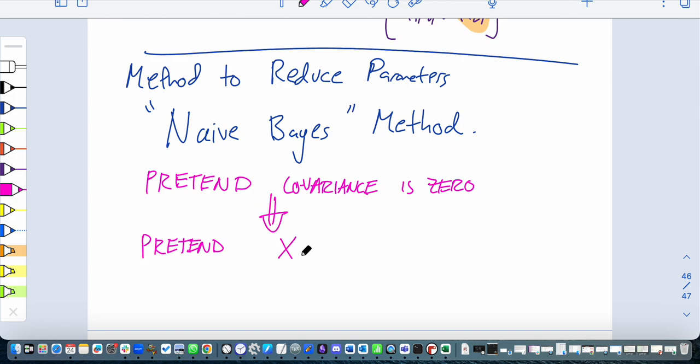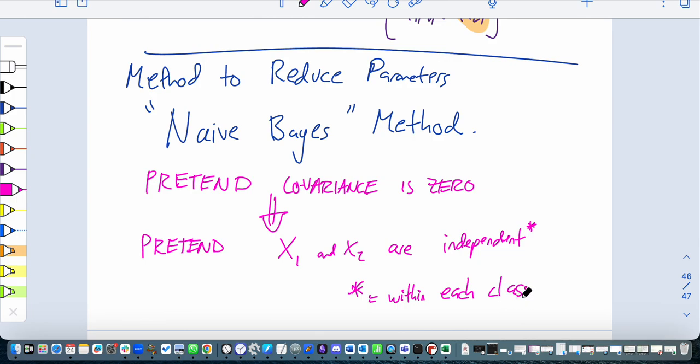So x1 and x2 are independent, with a star, and star means within each class.